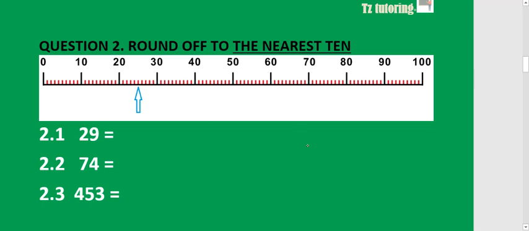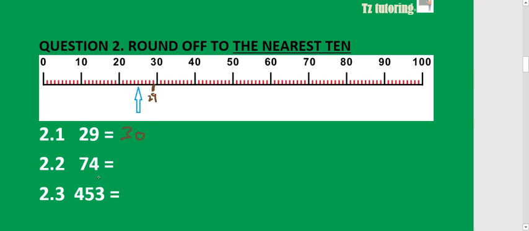The arrow shows you, 29 lies between 20 and 30. So that's 29 there at that point. Is it closer to 20 or is it closer to 30? Obviously, it's closest to 30.